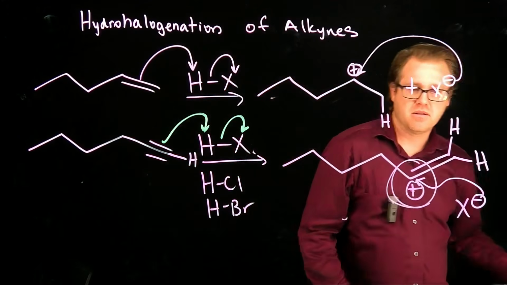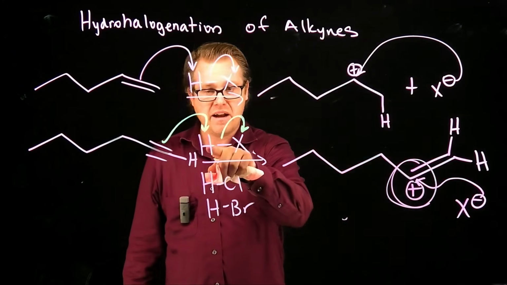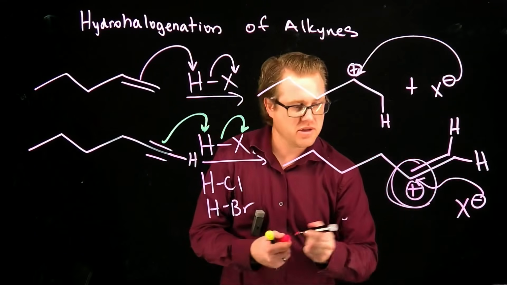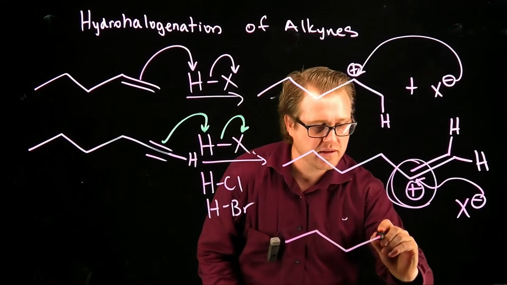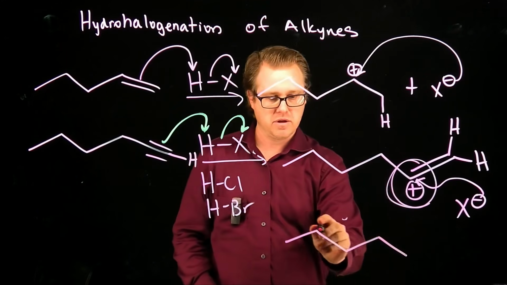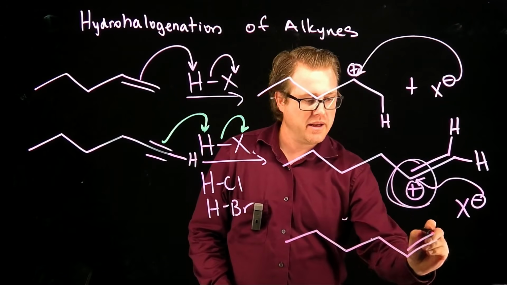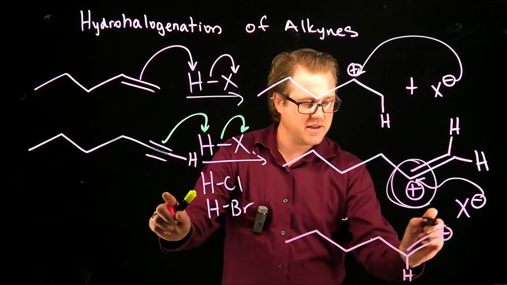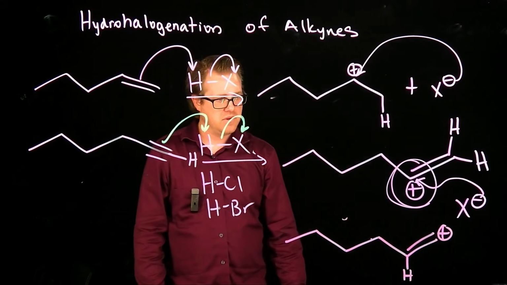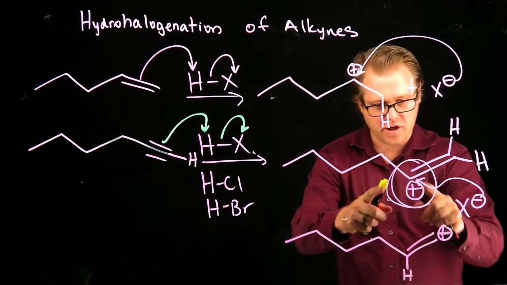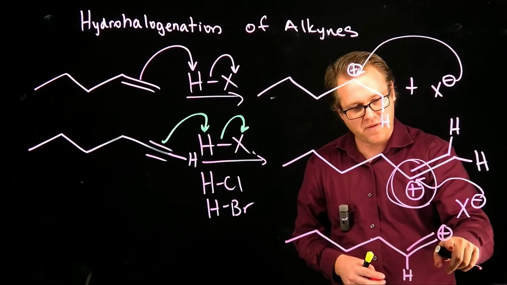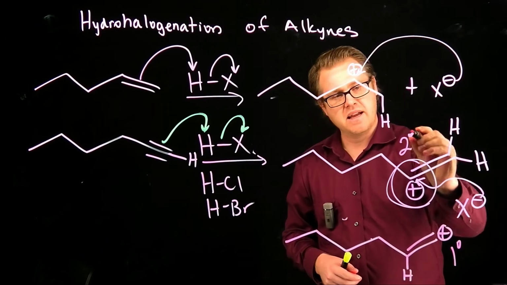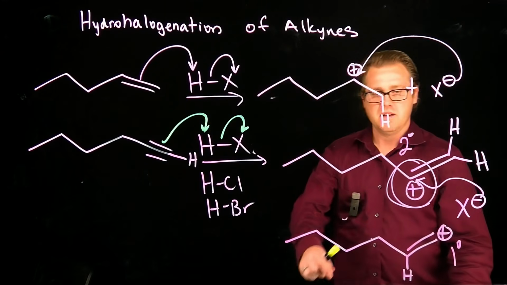All right? So why did this hydrogen not add at the other carbon? So let me give another hypothesis here. Why did the hydrogen not add there on this first step and give us that? Well, because compare the two. This is a primary vinylic carbocation, and this is a secondary vinylic carbocation.